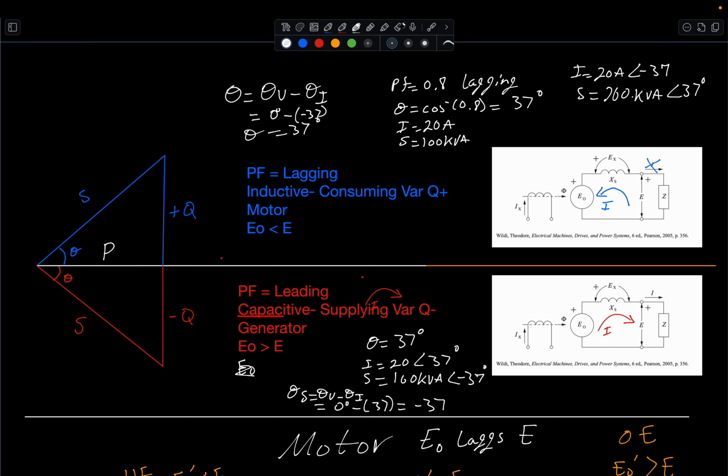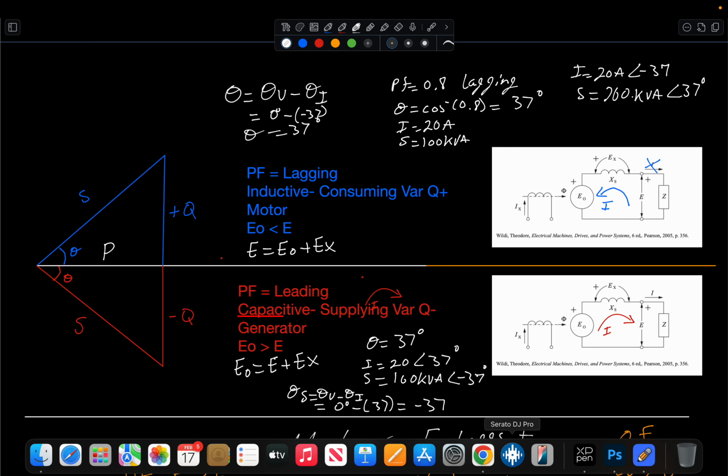What I meant to say is the terminal voltage, E, equals the summation of E0 plus EX. Take a look at your EX, and here's your E0. And your internal voltage equals E plus EX. Okay? That's really what that means.